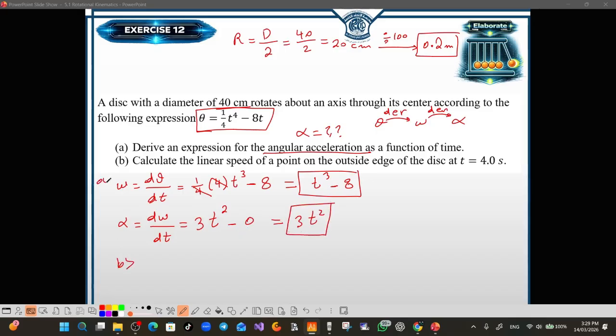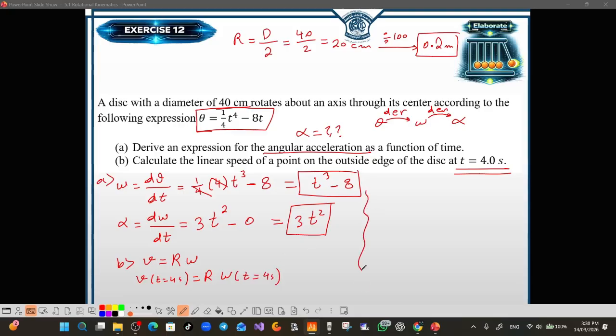In part B, they want me to calculate the linear speed of a point on the outside edge of the disk after 4 seconds. Now, to find the speed, let me remind you that the speed is given by r omega. And if we want to find the speed at a particular time, after 4 seconds, I need the omega to be calculated at this time.